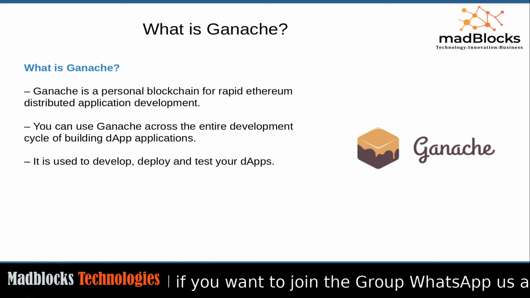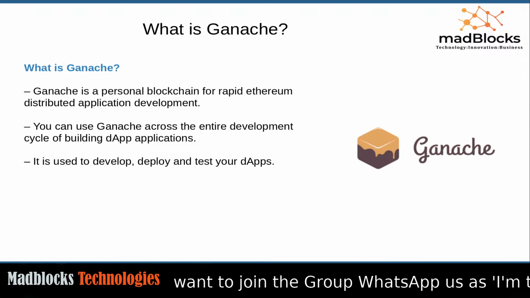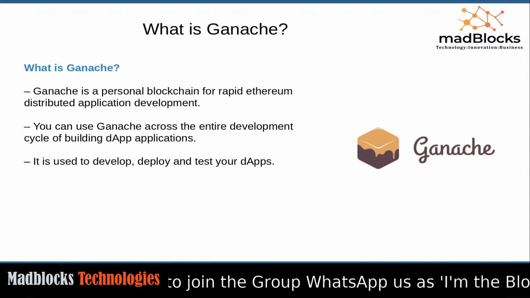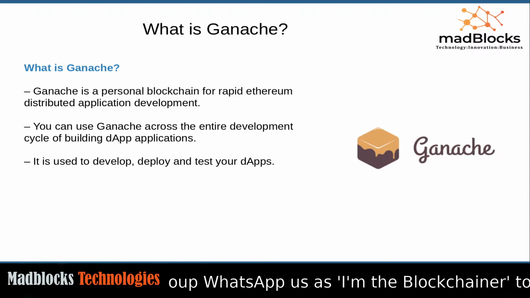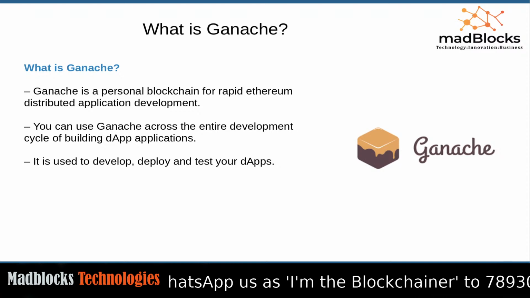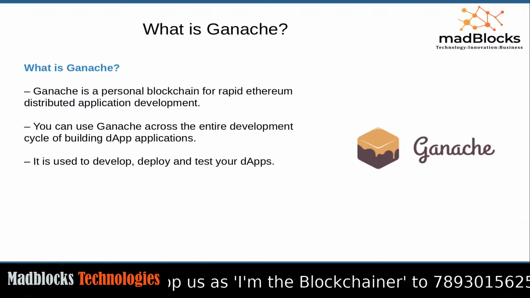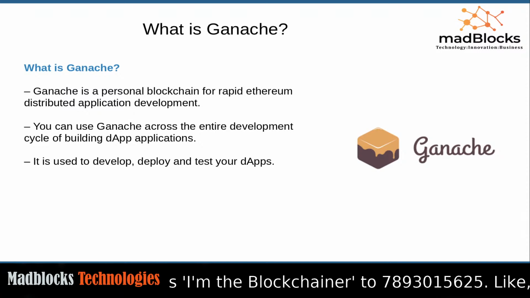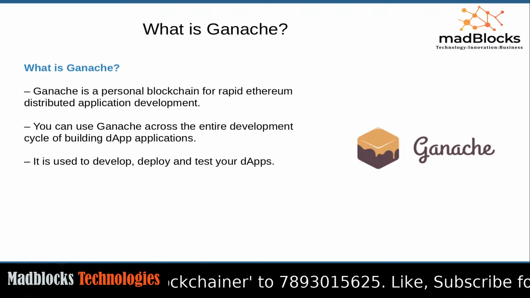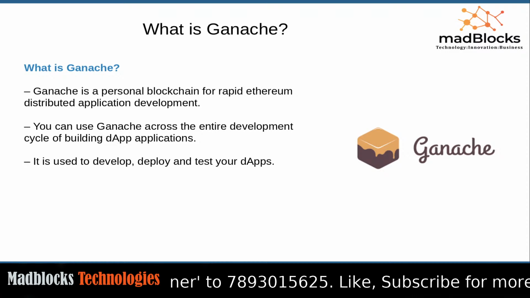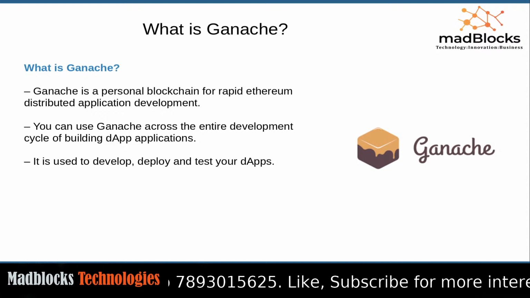If you ask me in one line what Ganache is, for me it is a personal blockchain network, or you can say a personal blockchain server, which is running on my laptop. My laptop will be acting as a node, as a peer in the blockchain network. As it is personal and private, you cannot access it from outside.